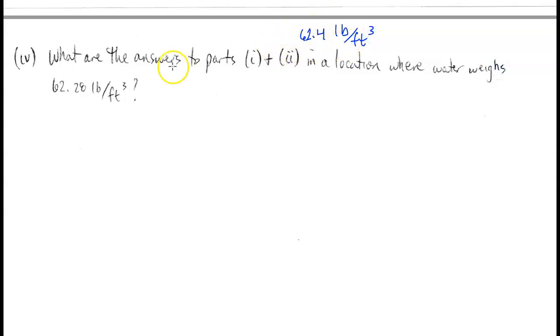But now we are decreasing that weight density. Because of that, we are assuming that it's going to take a little bit less time to pump the water out of the tank, and that the work required to pump all the water out is going to be a little bit less than what we had in parts 1 and 2 as well.